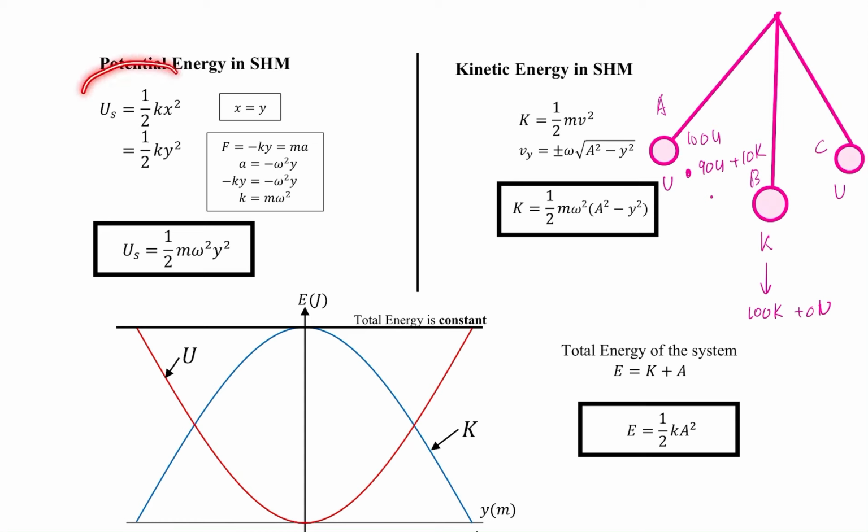Okay, so yang ni kita akan ambil pasal spring. Kalau spring pula, macam ni ada maximum compression. So down here dia ada expansion. So here ni kita panggil sebagai equilibrium position. Okay.